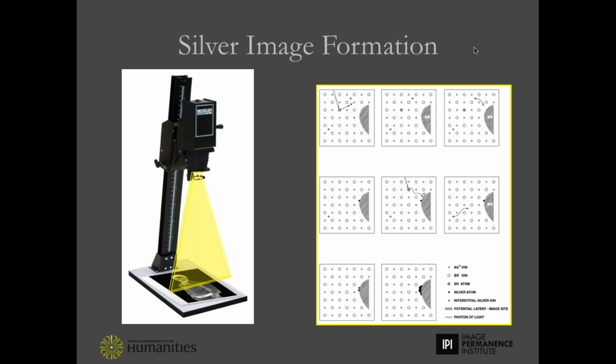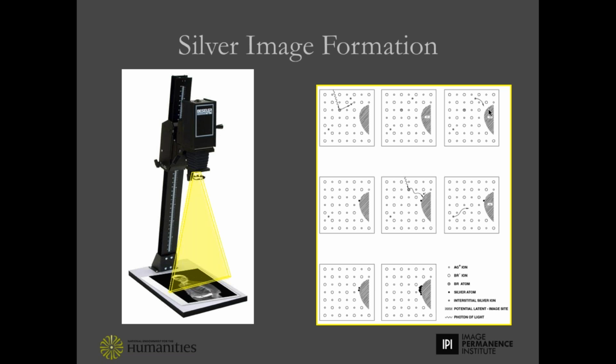And silver ions, they have a positive charge, because remember, they have too few electrons. And so the positively charged silver is attracted to the negatively charged electron. And so the silver actually moves over to where this electron is, and it grabs that electron for itself. The silver ion is reduced to a silver atom.